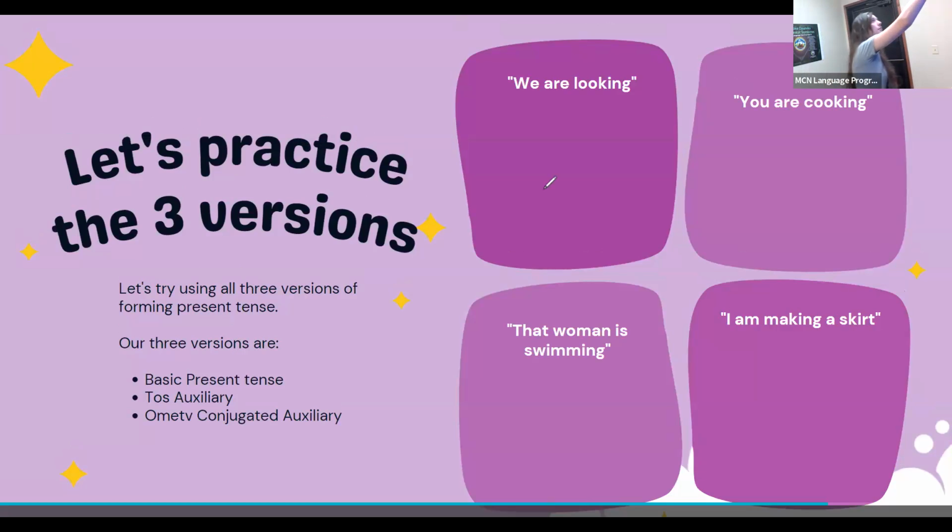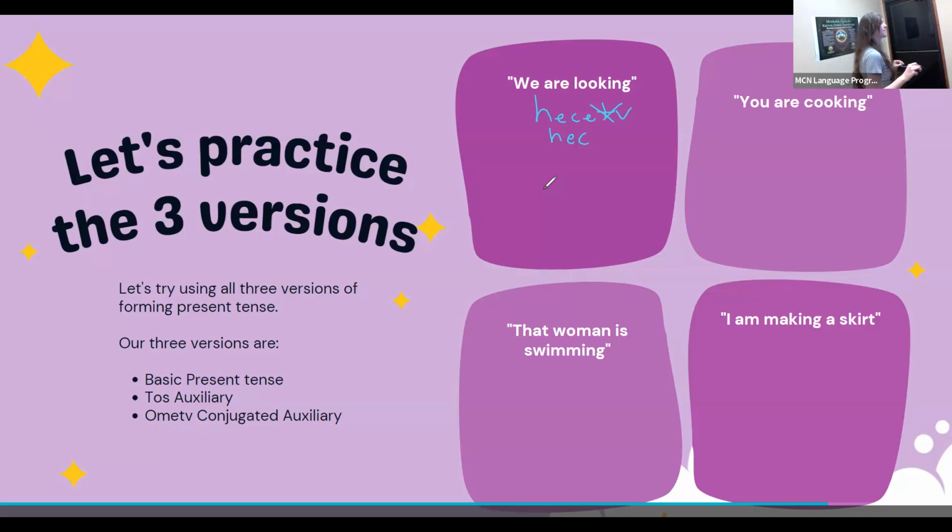Okay, so we are looking at hijida, right? That was this way. Hijida. We drop our ida. We have hij. What do I end with for we? We are doing it. How does it end in the basic one? We're doing basic first every time. Is.